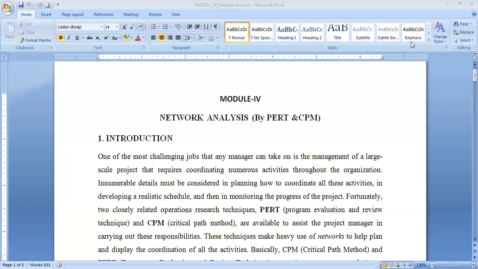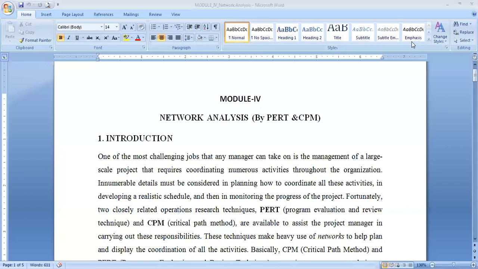The planning is done through different techniques. There are many techniques used for making the plans for the project. So the PERT and CPM: PERT stands for Program Evaluation and Review Technique, and CPM is the Critical Path Method. These are the two most widely used techniques of operations research.